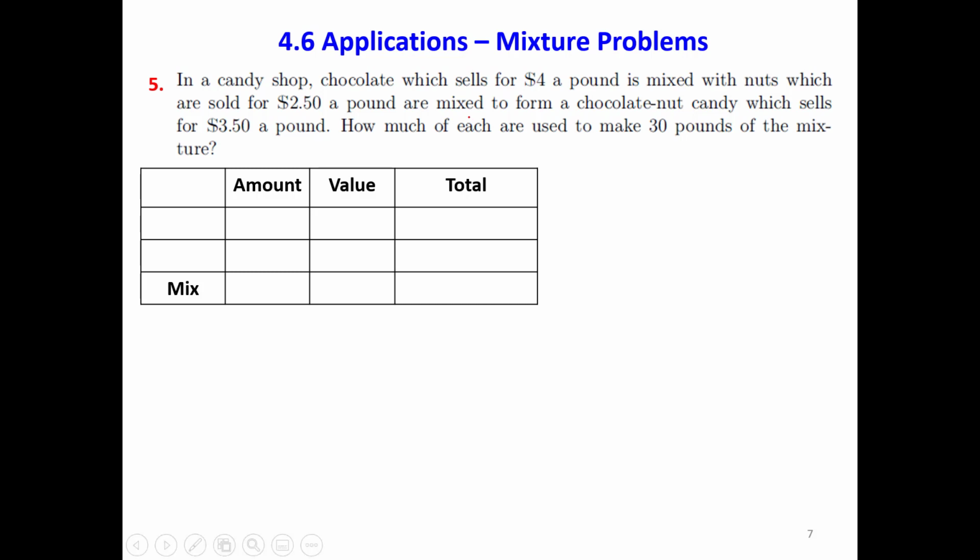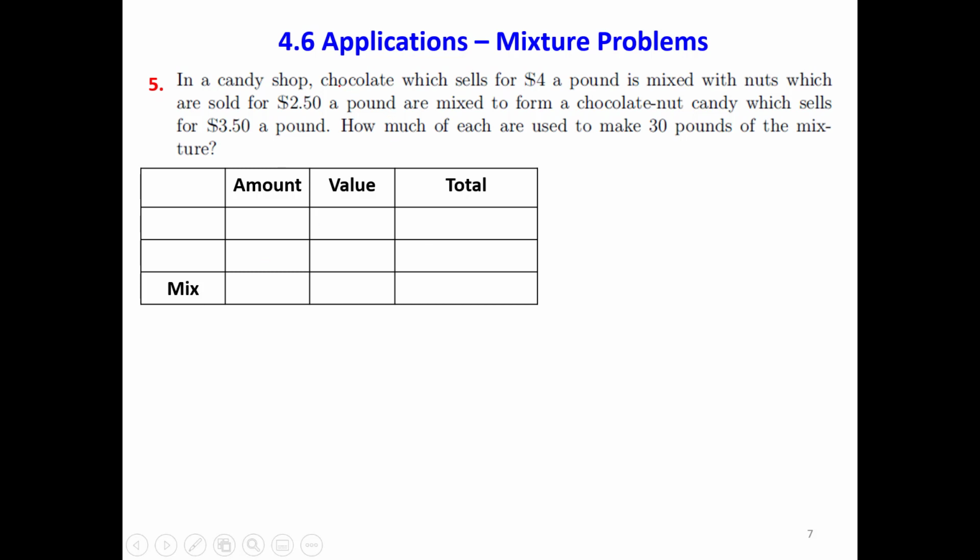Then he wants to know how much chocolate and how much nuts should be used to make 30 pounds of the mixture, if the pound of the mixture is sold at $3.5. And let's try to write here the information we have.